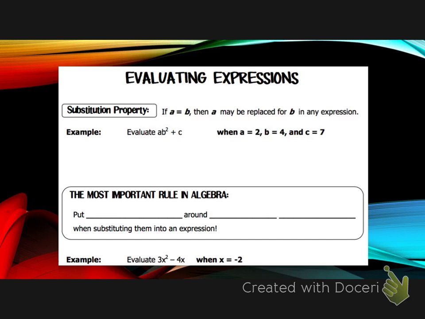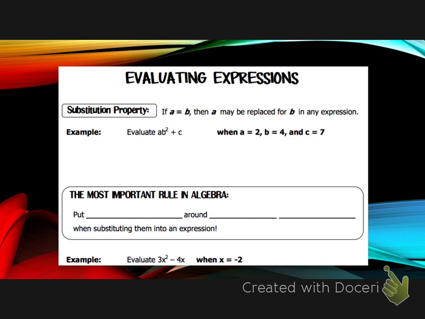For the example here, it's asking us to evaluate, which is just another word for solve, AB squared plus C, when A equals 2, B equals 4, and C equals 7. So all you have to do is just sub in the values that they give you for each letter.